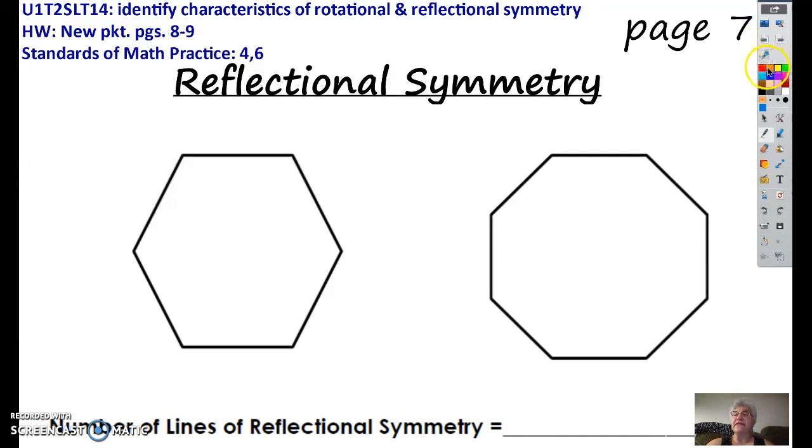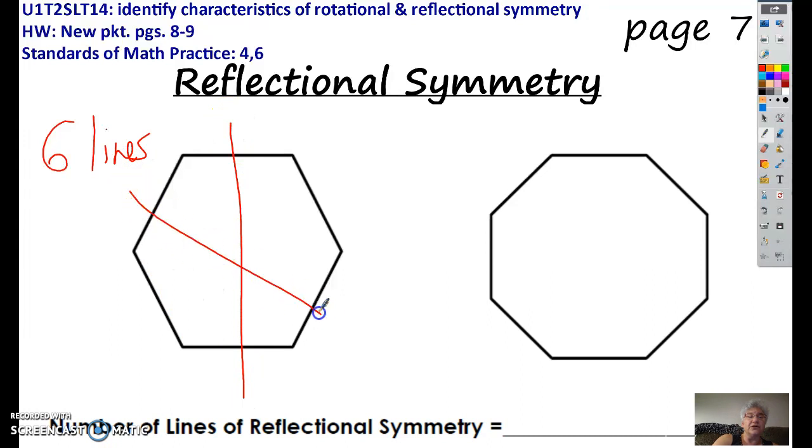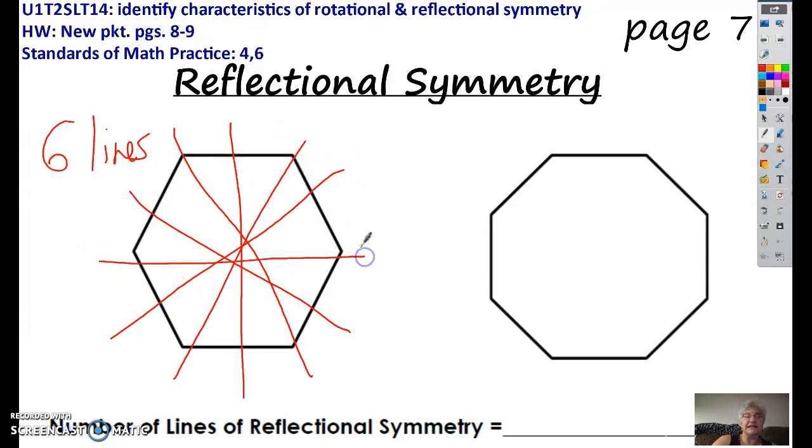When you're finished drawing them, you should see that this hexagon has 6 lines of reflectional symmetry. 1, 2, 3, 4, 5, 6.